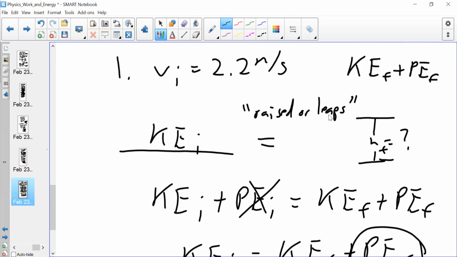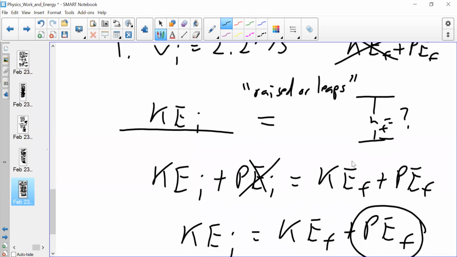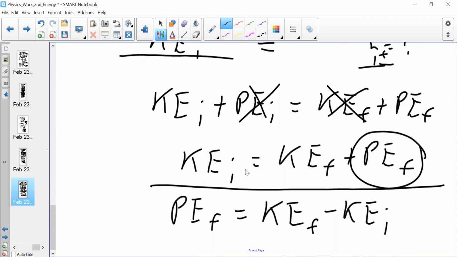Then he leaps over the hurdle. So this initial kinetic energy is actually going to be converted only into final potential. It's a bit oddly worded there. So we're going to have just kinetic energy equals final potential. So that makes things actually a little easier.